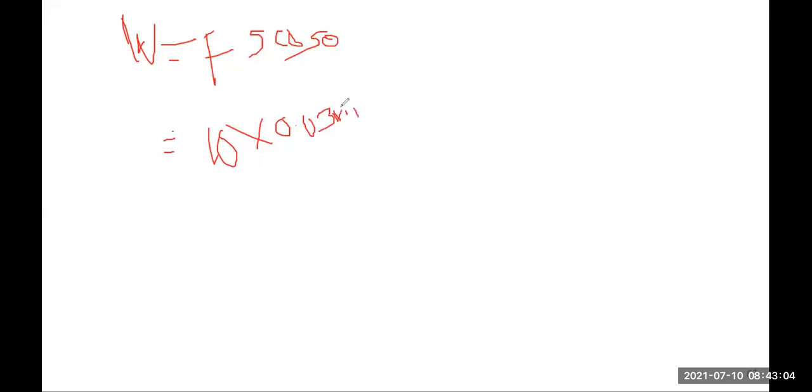Is it correct? Then multiply by 1, because cos 0 is equal to 1, and then we will get the value.